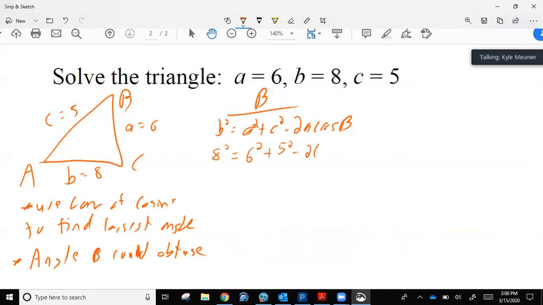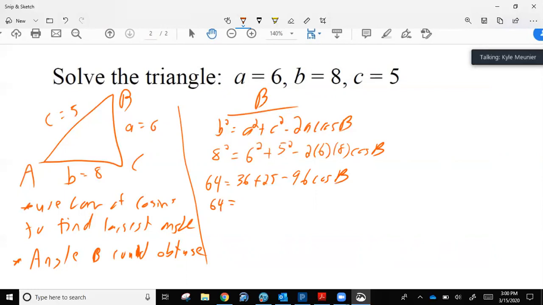Minus 2 times side A is 6, side B is 8... I mean side C is 5, cosine of the unknown angle B. So 64 equals 36 plus 25 minus 2 times 6 times 5... Combine terms here: 36 plus 25 is 61, minus 60 cosine of B.